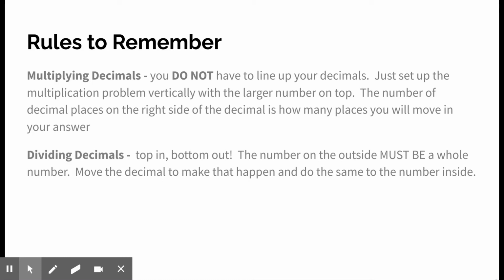So if there's a 2-digit by 1-digit, put the 2-digit on top, multiply it by the 1, and then however many places you have on the right side of the decimal is how many spots you're going to need in your answer. And you can go back to multiplying and dividing fractions videos and stuff to be able to remember how to do this.